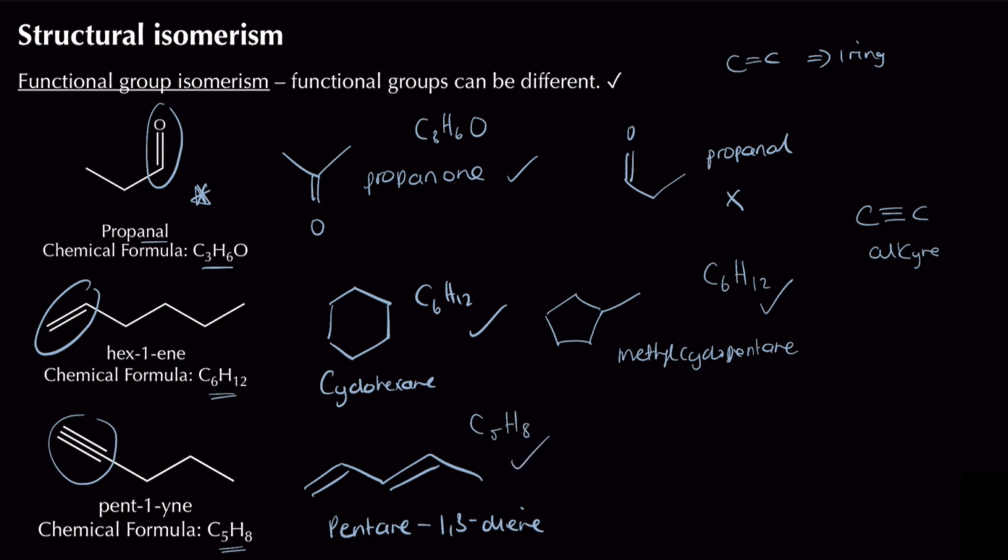Now if you were to look back at this idea of having a carbon-carbon double bond, we know that's going to be equal to 1 ring, so I can sacrifice one of these carbon-carbon double bonds, and I can end up with a cycloalkene in this case, which is a harder one to spot. So I can end up with cyclopentene, which of course if we were to name it, we would end up with cyclopentene itself with a formula of C5H8.